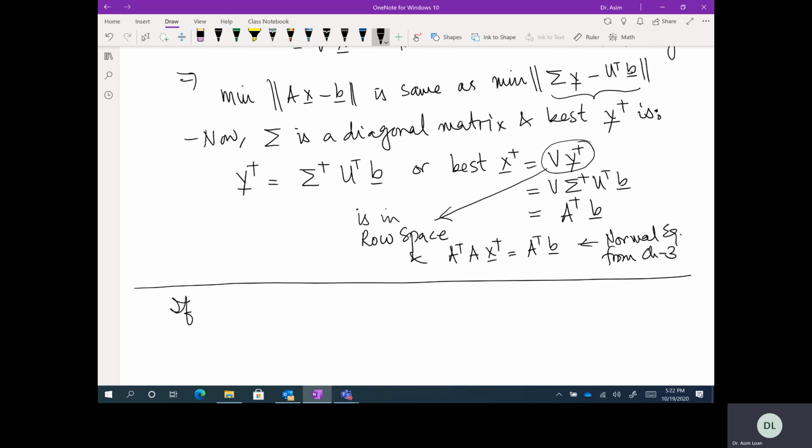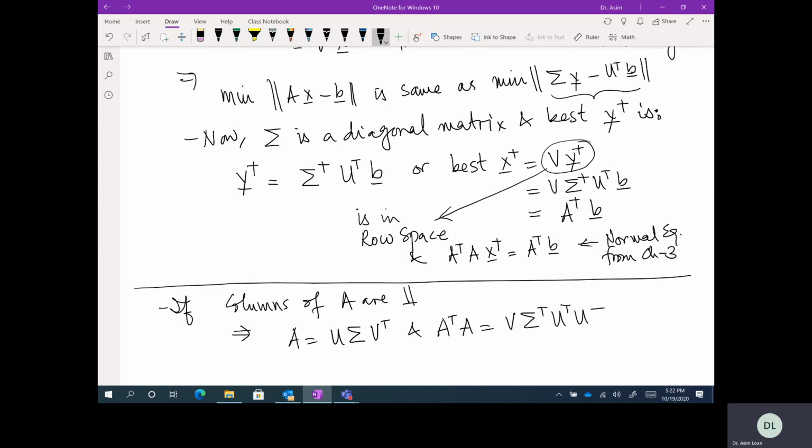if the columns of A are independent, this implies A equals U sigma V transpose, and A transpose A equals V sigma transpose U transpose into U into sigma into V transpose. This is equal to I, and this is equal to V sigma transpose sigma V transpose.